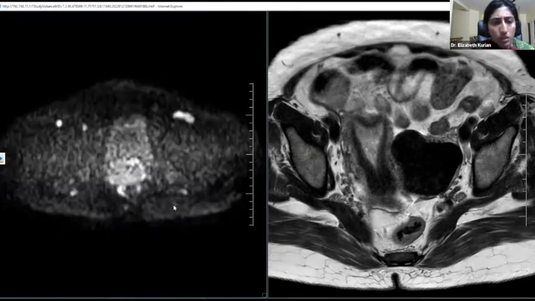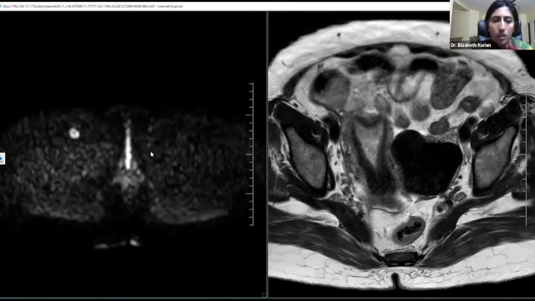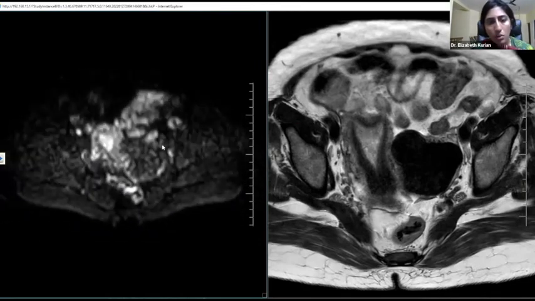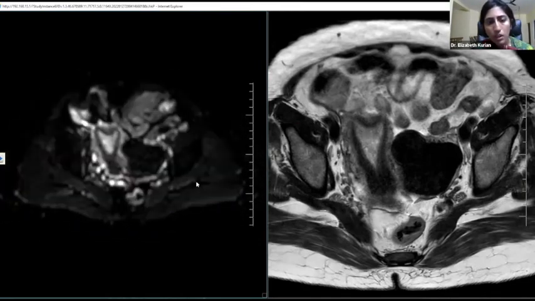On diffusion weighted imaging, there is no hyperintensity noted. It is a T2 dark and diffusion dark solid lesion.